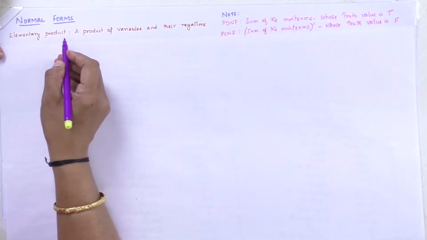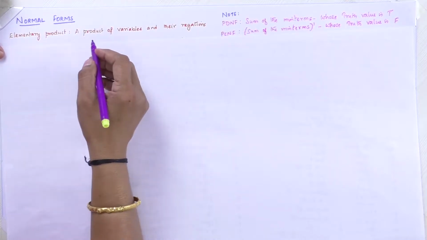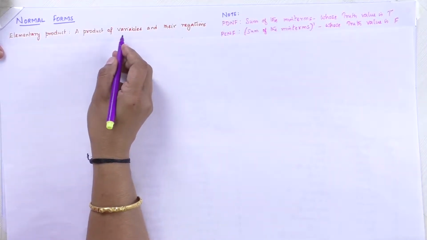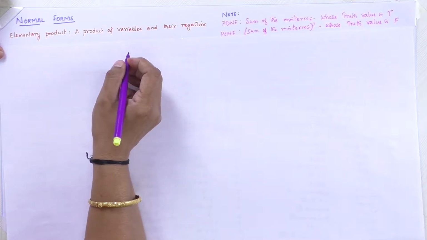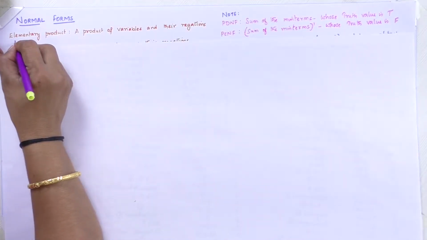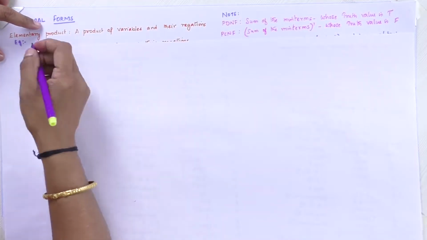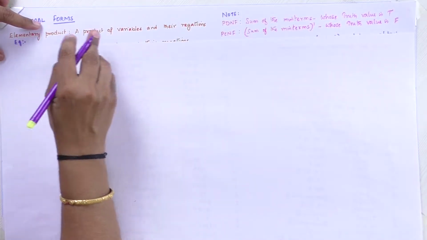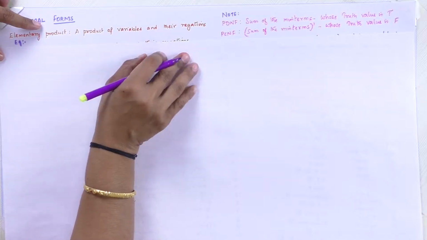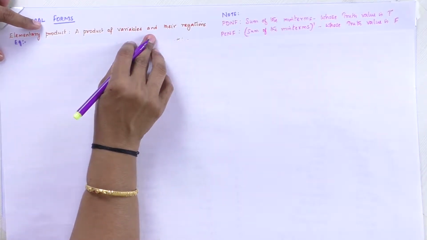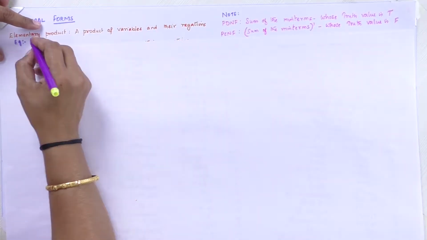For example, listen here, I'll tell you. An elementary product, as I have said, is a product of the variables and their negations. I may take two variables, fine. So it should be only conjunction, alright?